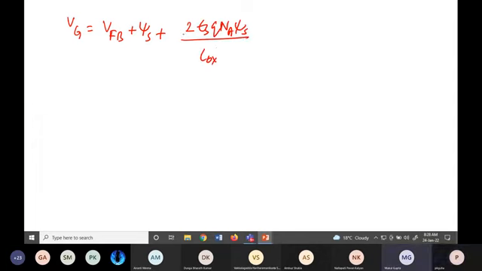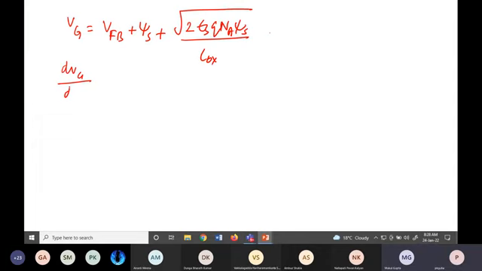In fact, if you remember how to find the threshold voltage of a MOSFET, this is the equation from where we find it.